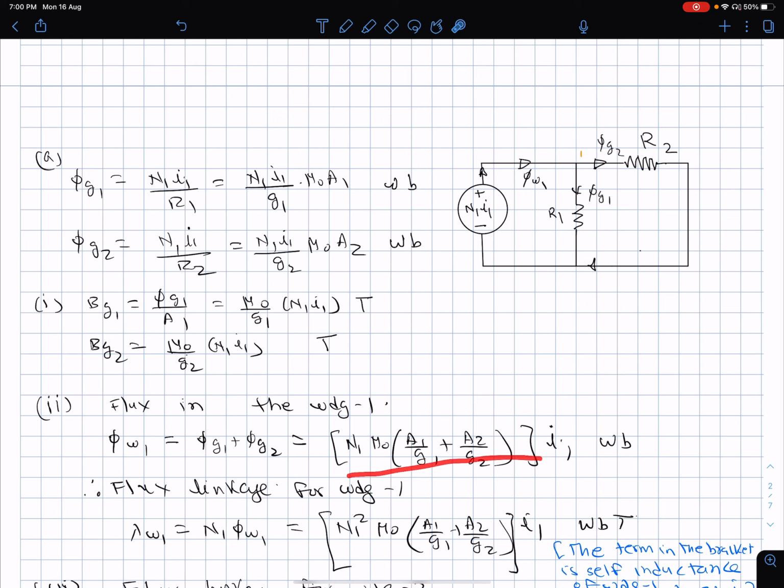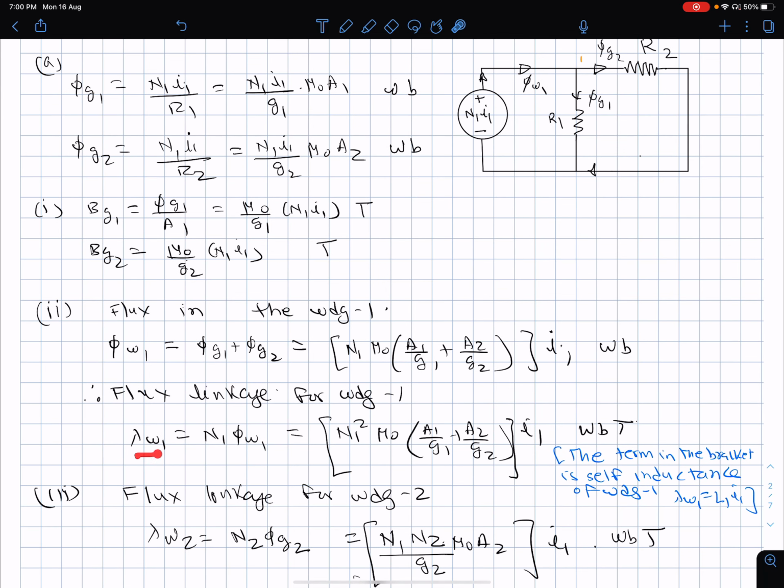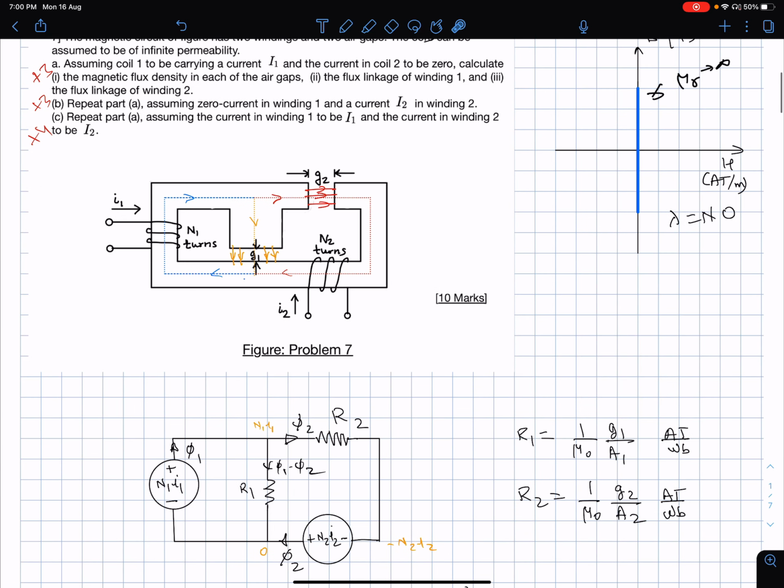When I add it here, N1I1 is the MMF which was common to this path, into mu 0 times A1 by G1 plus A2 by G2. You can check it out. This is the flux. So therefore, what becomes of the flux linkage? Lambda W1 is N1 times phi W1. Again, check this figure. N1 turns here carrying flux phi W1. The flux which is going here is phi W1.